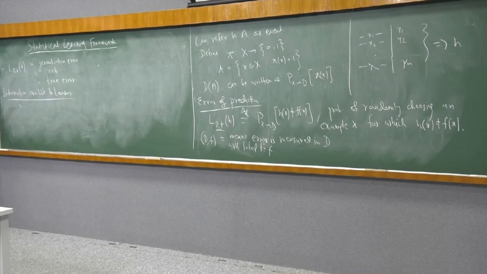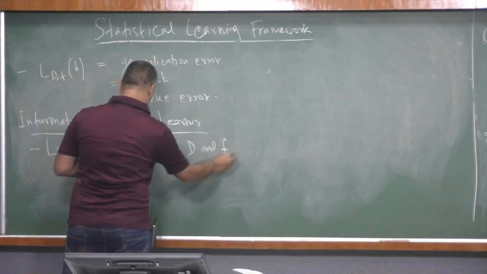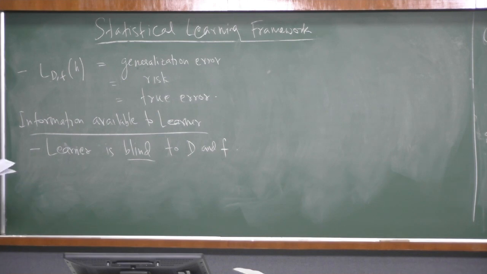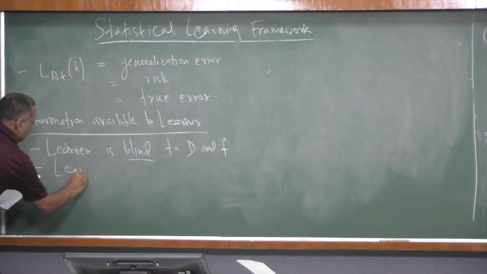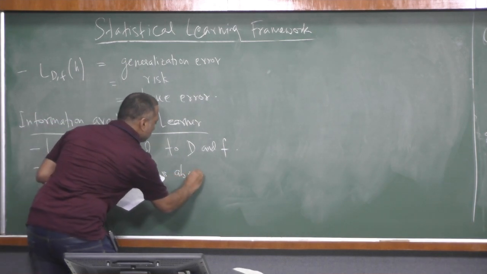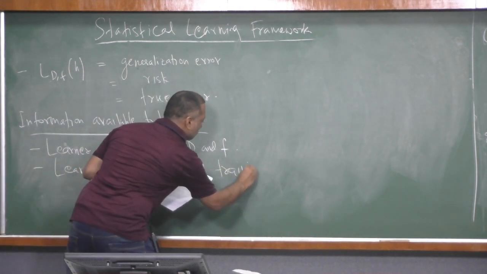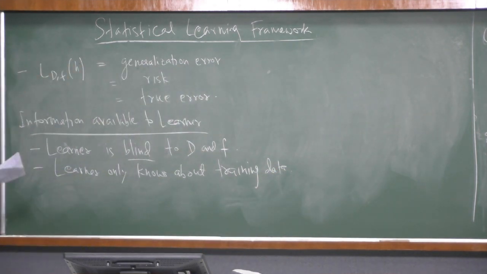So the information available to the learner is certainly not D and F. The learner is blind, or unaware of D and F. The learner knows only about the training data, (xi, yi). Learner only knows about training data. So that's pretty clear.